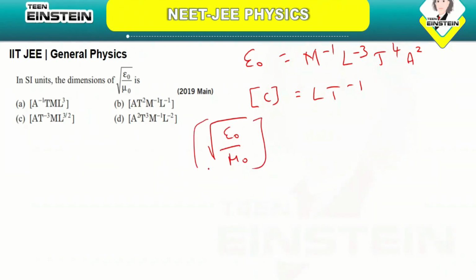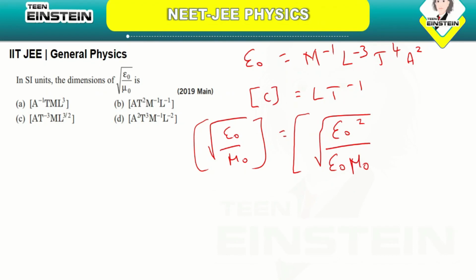So, what happens is the dimensions of root of epsilon naught by mu naught will be equal to root of epsilon naught square by epsilon naught mu naught. You are multiplying epsilon naught on numerator and denominator.